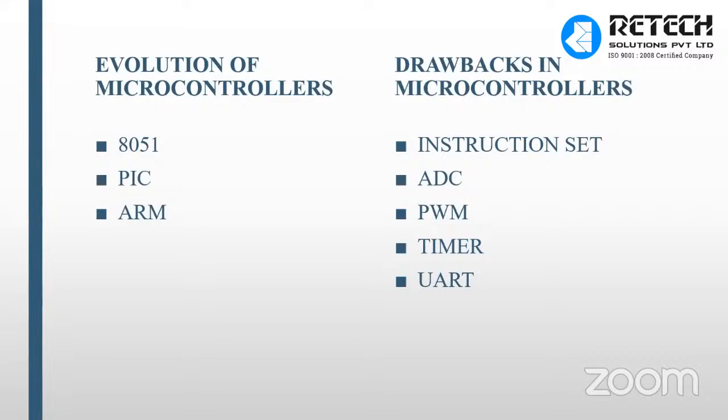The crystal oscillator frequency is 10 to the power of 6, so in 1 second it creates 10 lakh pulses. Because of that, the controller will work very fast. Every second we give 10 lakh pulses to the controller.